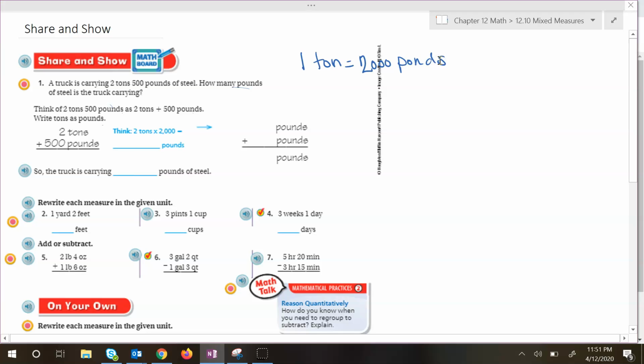So we have 2 tons right here. So we need to think 2 tons times 2,000 is 4,000 pounds. So we actually now have 4,000 pounds plus the 500 we already had, and that would give us 4,500 pounds.